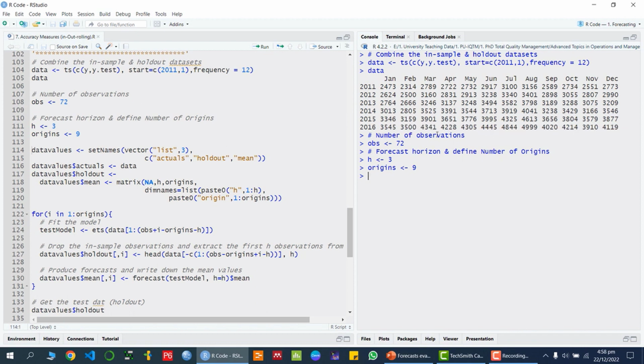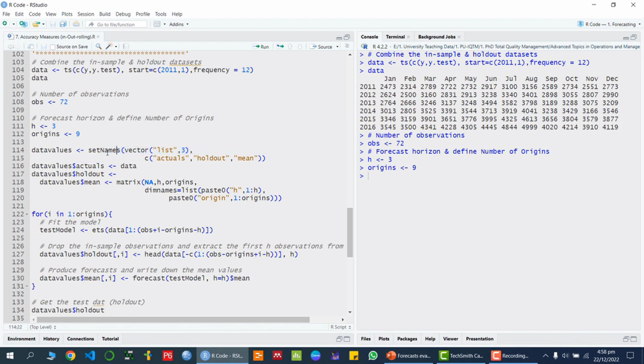So these 9 observations over this region I am going to use. Once I've set this, now I need to differentiate the actual data set, or training data set, then the holdout sample, which is the test data set, and then the predicted values.